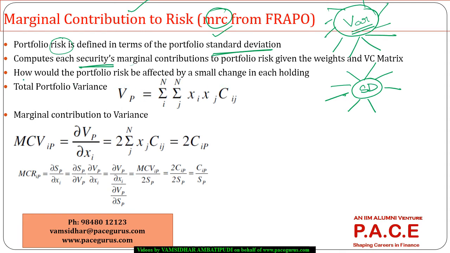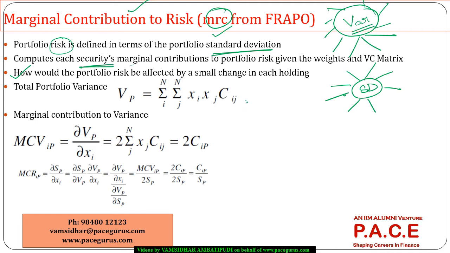The other way of putting the same is: by what extent the portfolio's risk is going to change if I bring in a small change in the holding. If the holding increases by 1%, what would be the impact on the overall portfolio risk? That is what we are calling the marginal contribution to risk.